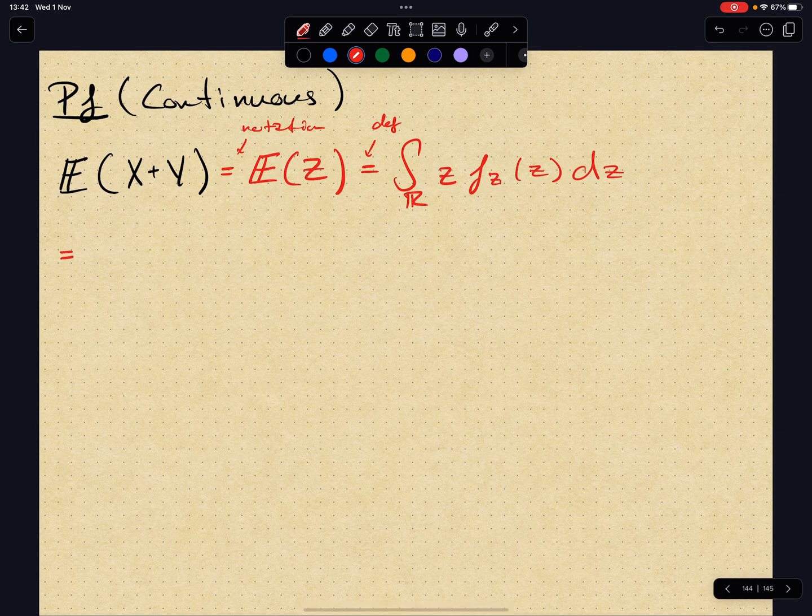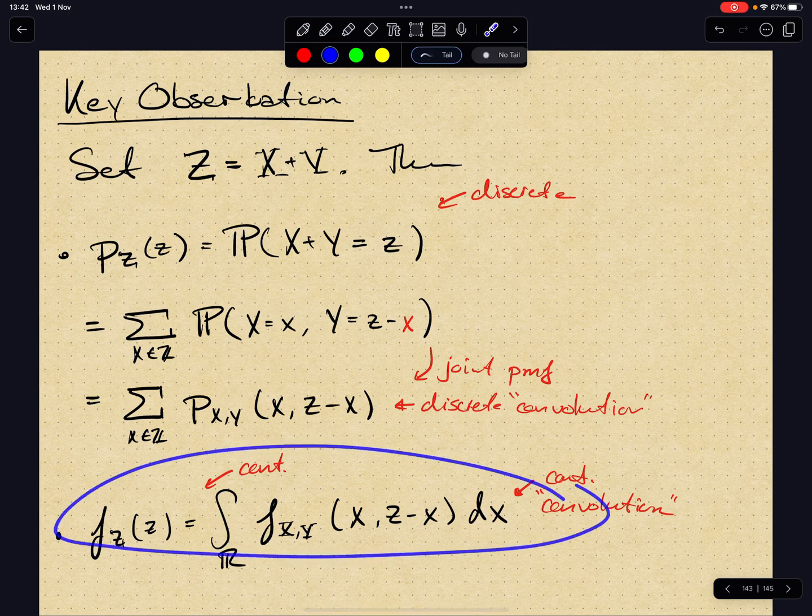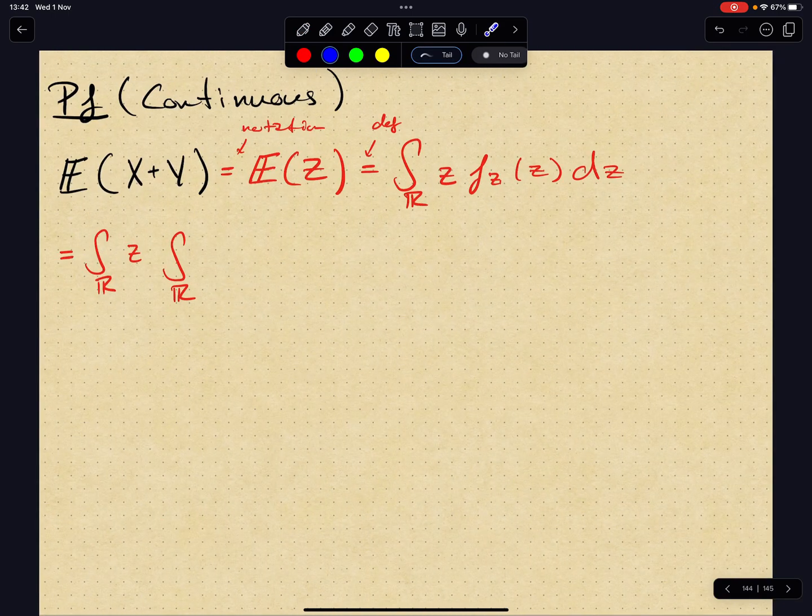And now by the observation in the previous slide, the density of Z is an integral over R, so I'm taking this formula: f_XY of x, z minus x, dx, dz.